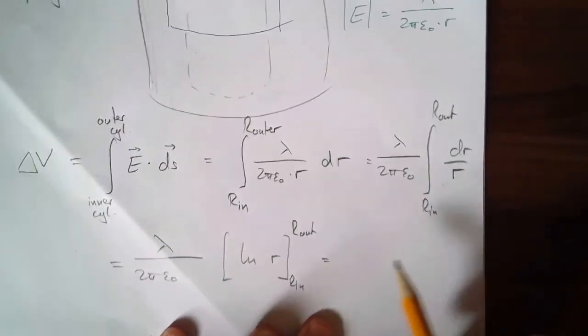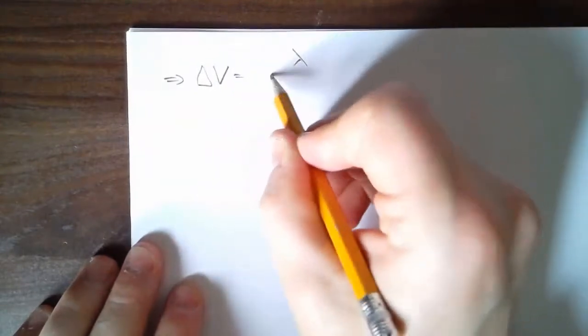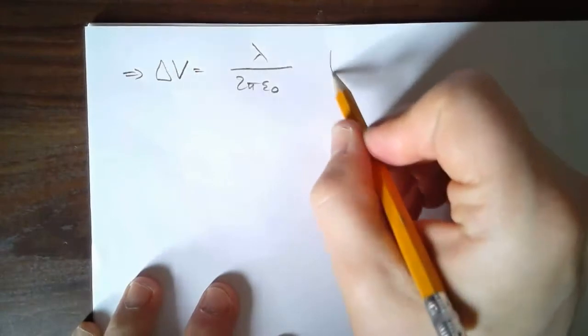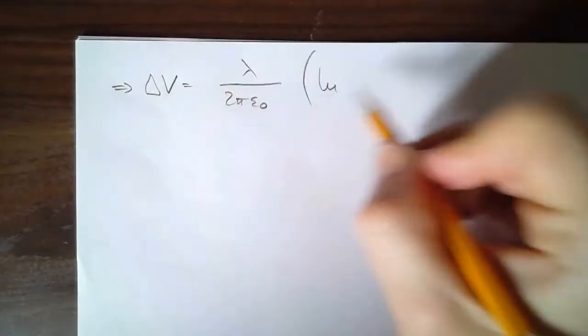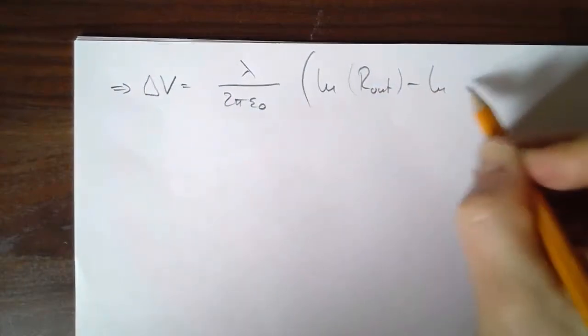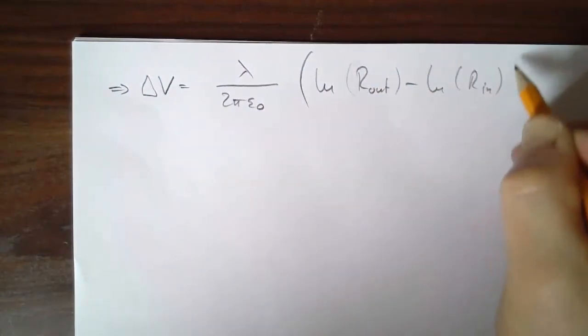Just plug those in. I'm starting a new page here, so I don't run out of space. So we get that delta V is lambda over 2 pi epsilon 0, and then log of the outer radius minus log of the inner radius.